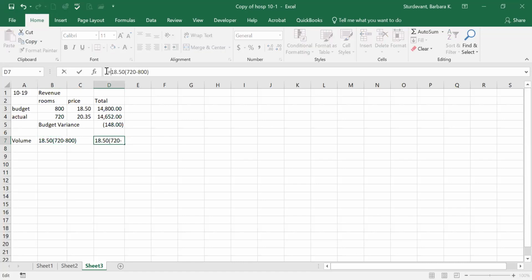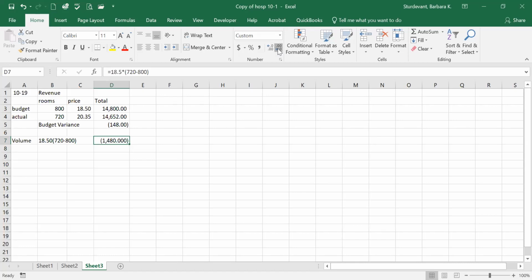Okay, is everybody okay with that? So we would have a negative $1,480. Price variance, in the parentheses, is going to be the price.